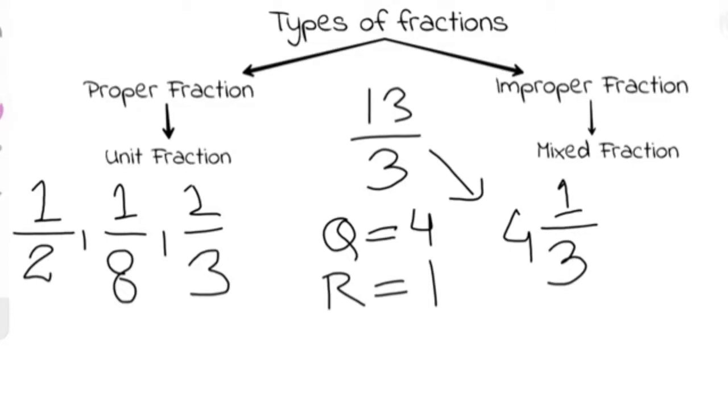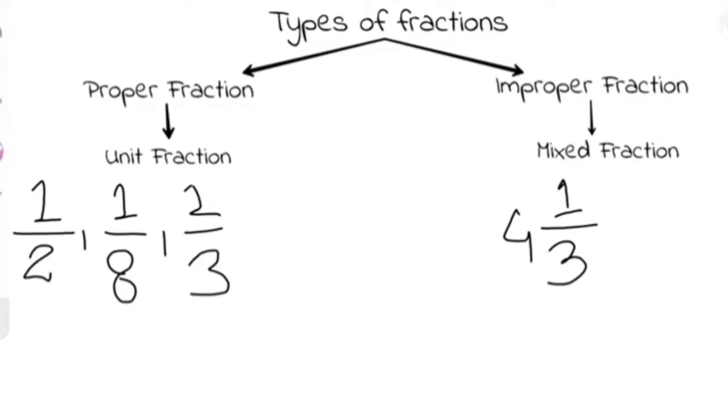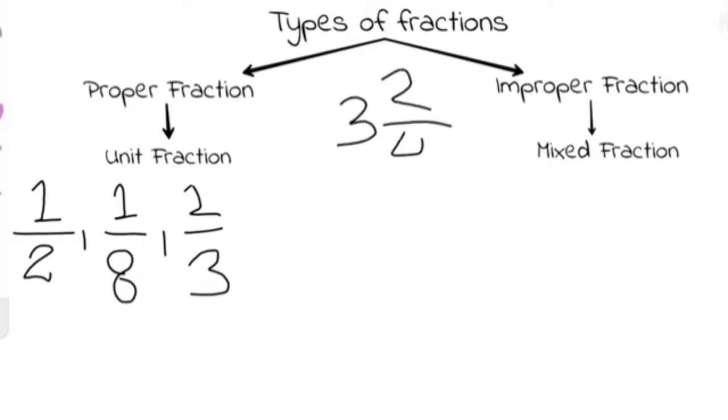Now just like we have converted improper fraction into mixed fraction, in the same way we can convert mixed fraction into improper fraction also. For example, you got a mixed fraction as 3 2 by 4. So what you have to do? You have to first multiply these 2 numbers, 3 and 4, then you have to add 2 in this.